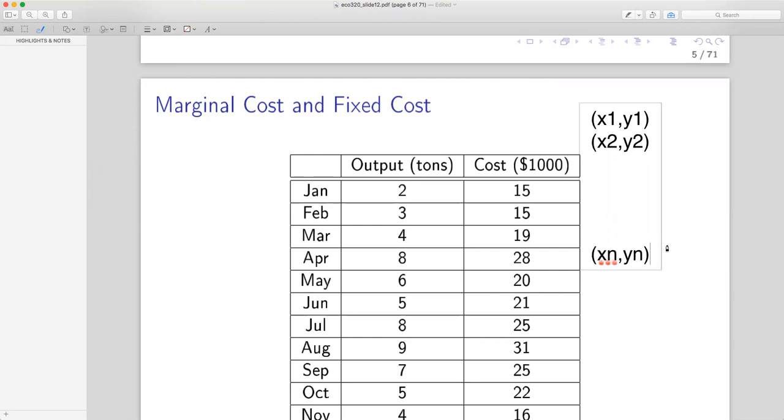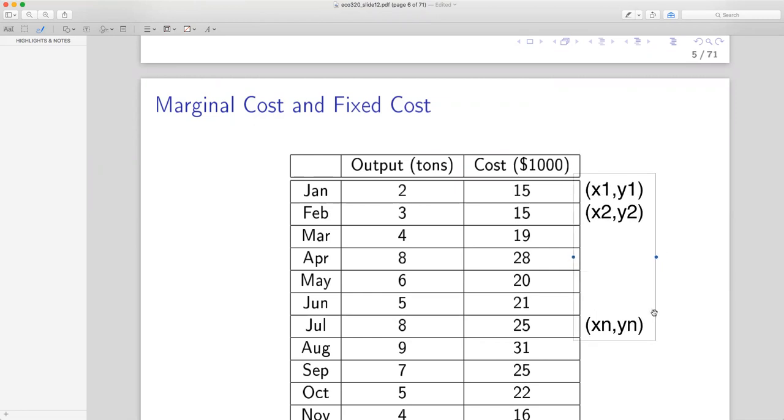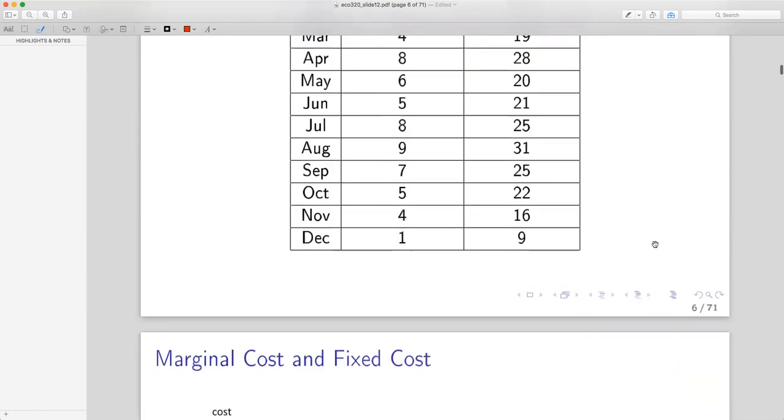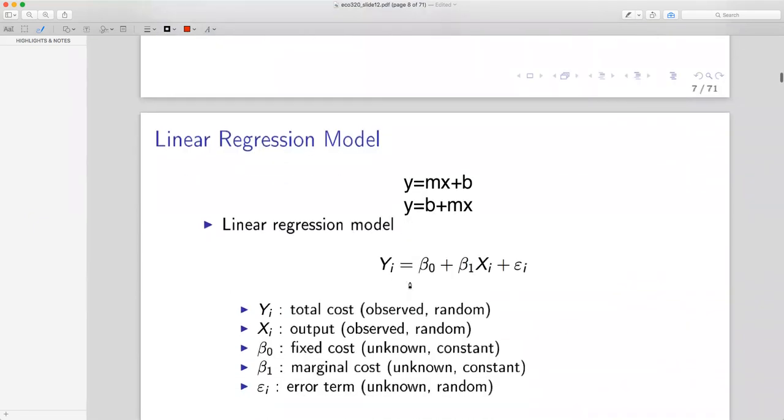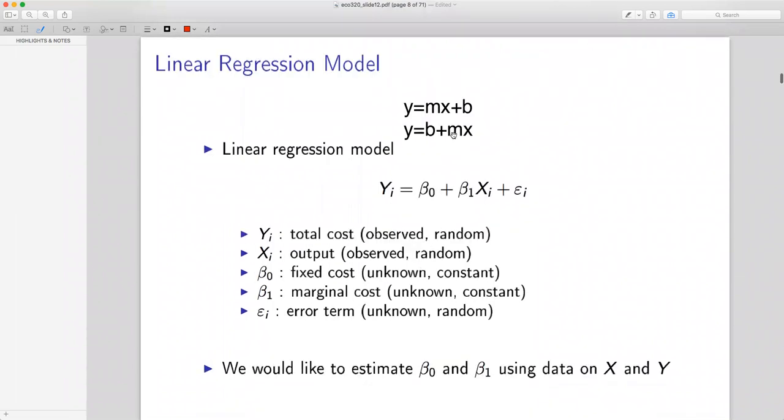Each observation looks like that. If we plot these pairs like coordinates, as you learned in high school, it becomes a scatter plot. If we try to fit the line using some kind of algebraic model, then this could be your answer. So that was some background.